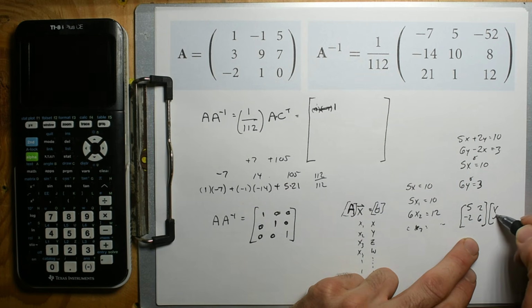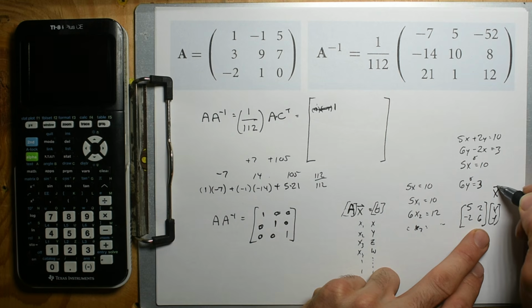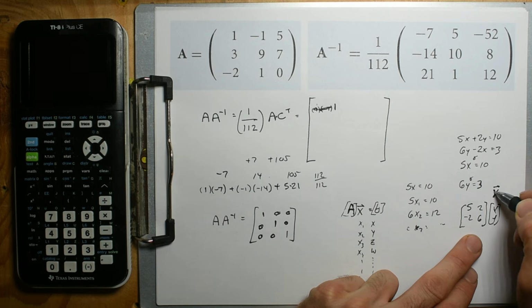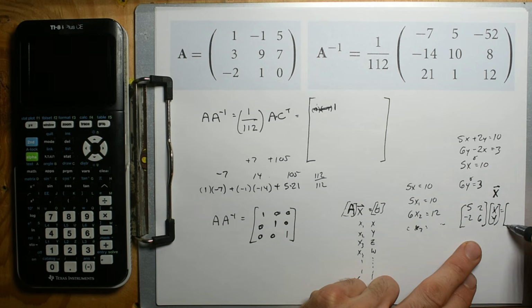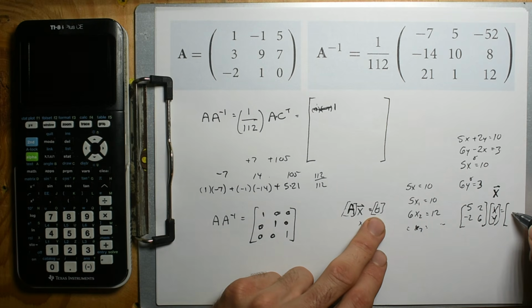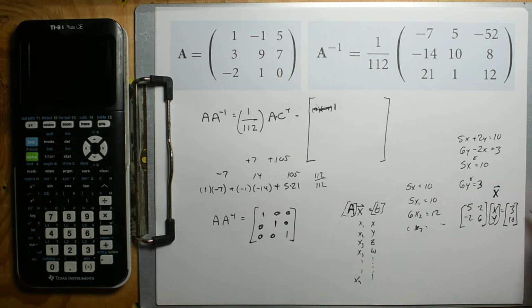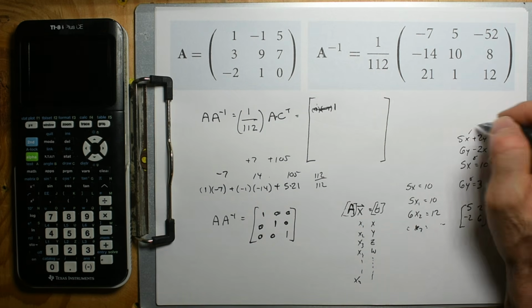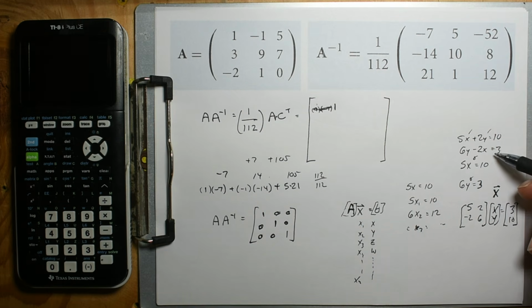You would have x, y, which is your boldface x vector with those coordinates. And then you have b, your output, which is 3, 10. You're looking for the x value and y value that satisfy it.